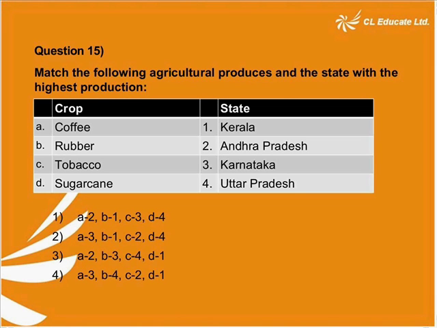Well, the question is in which state it is produced. Of course, they will chew the most where there are the most people. The correct answer is tobacco, Andhra Pradesh, and coffee is Karnataka.